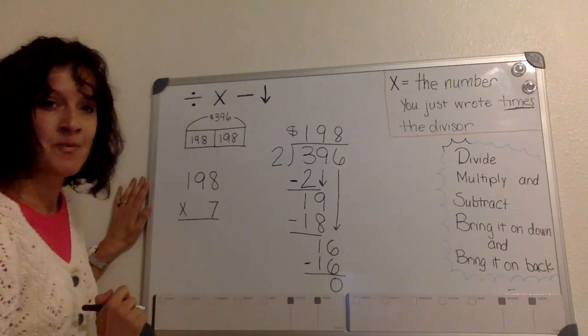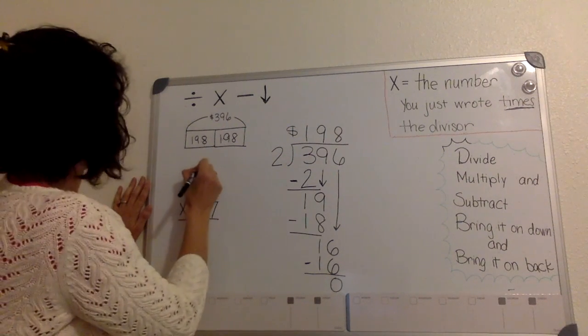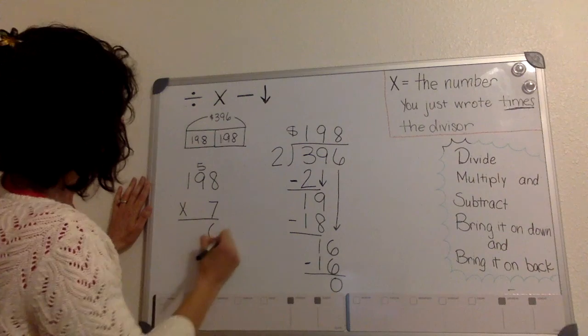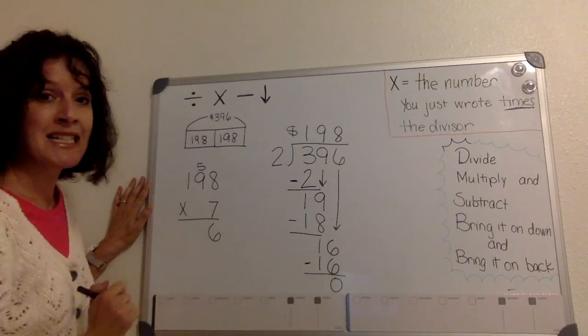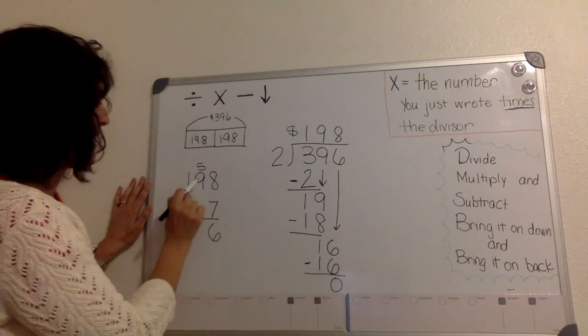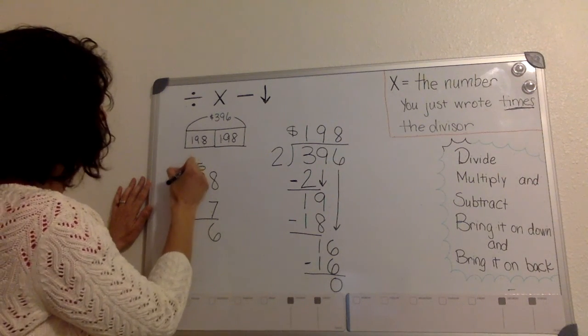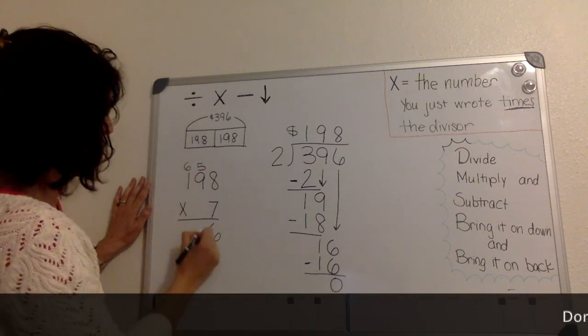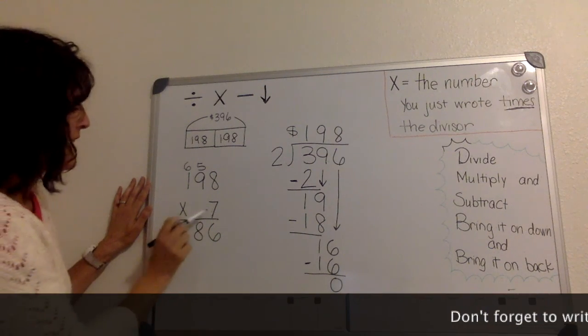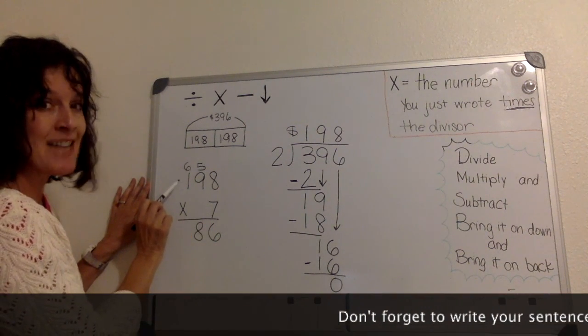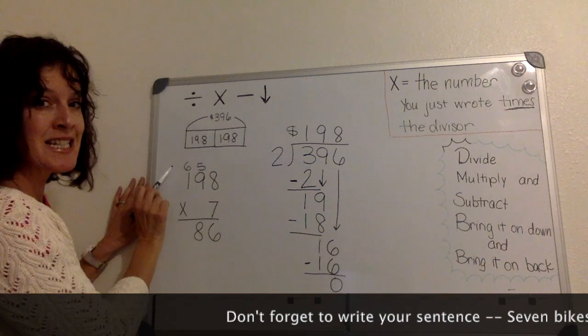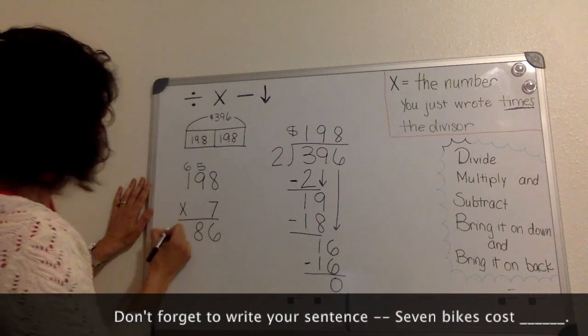7 times 8 is 56. 7 times 9 is 63. Plus 5 is 68. 7 times 1 is 7. Plus 6 is 13.